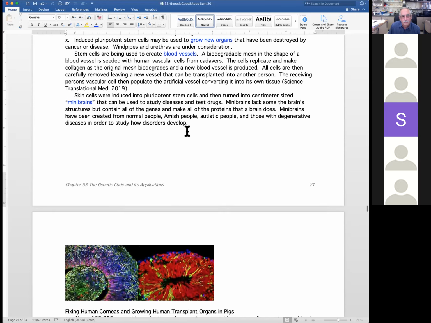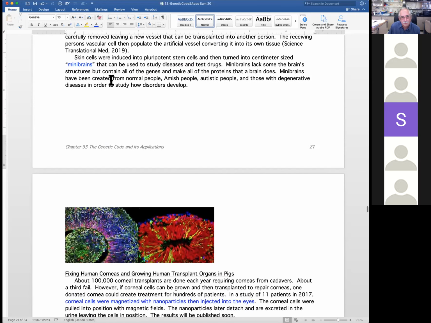So speaking of that, skin cells were induced into pluripotent stem cells and then turned into what's called mini brains. So here's some pictures of these mini brains. They're stained with different protein binding fluorescent stains right here. And so why would they do this?